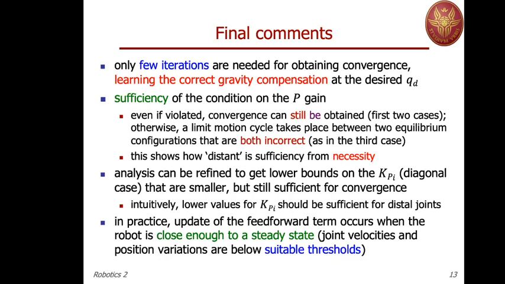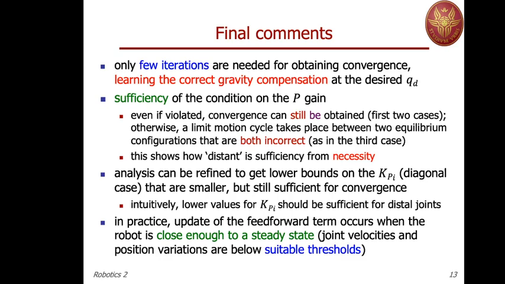In practice, this is not true because we can set a suitable threshold, as we did in this numerical simulation and also in the experiment that we conducted with this scheme. When we are getting close enough to the next steady state, which means that the joint velocities are close to zero, and the variation of the position in a given interval of time is below some small threshold, we are practically stopping.